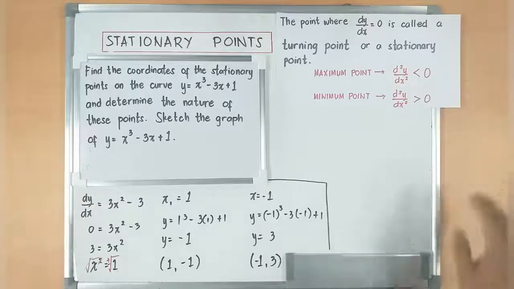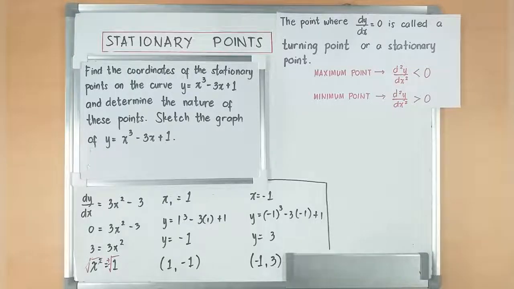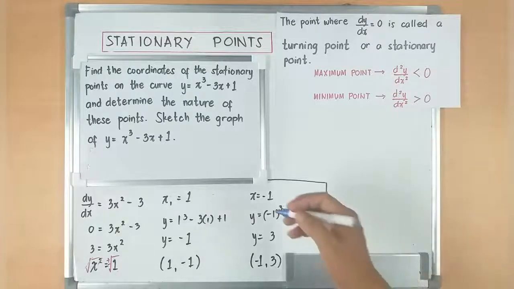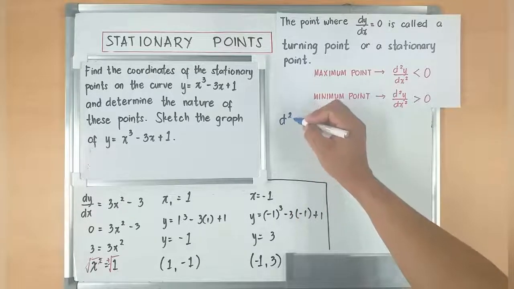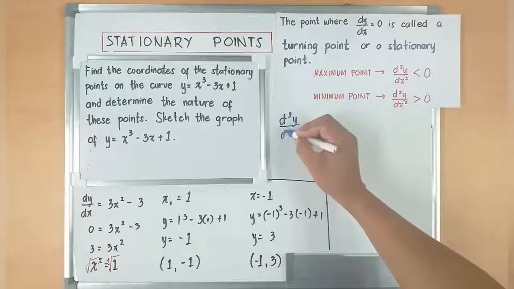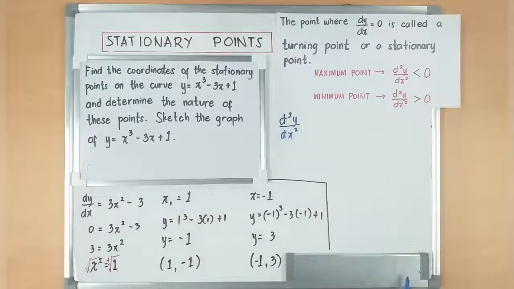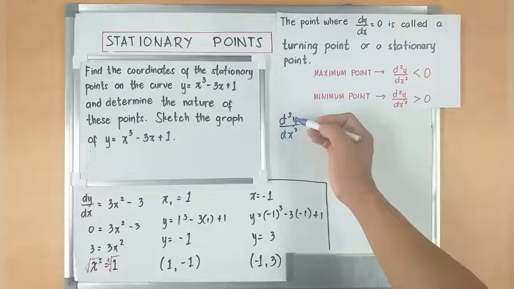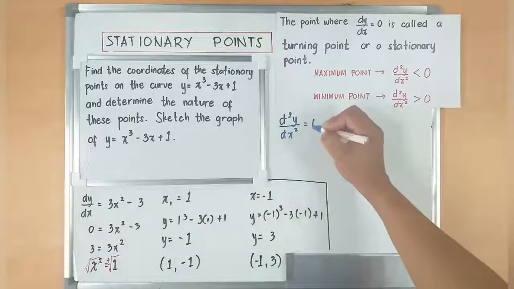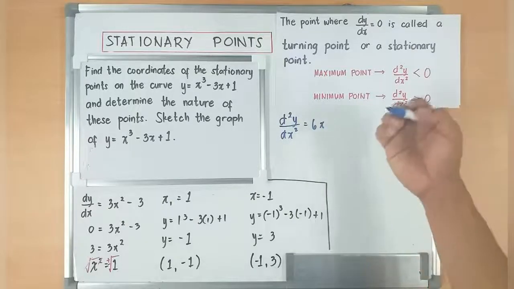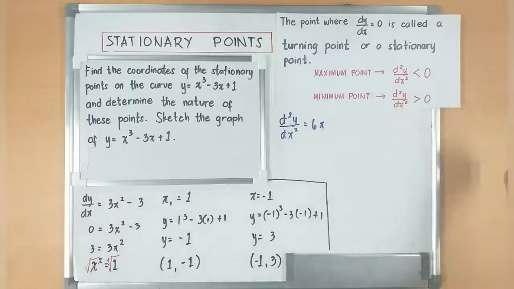It is represented by d squared y over dx squared. You get the derivative of dy over dx, which is 6x.